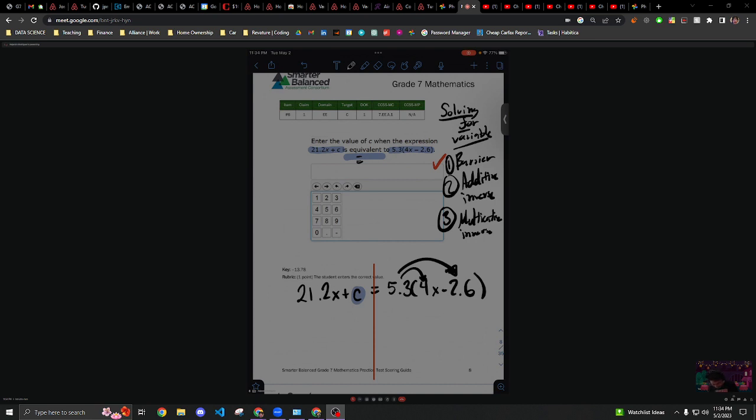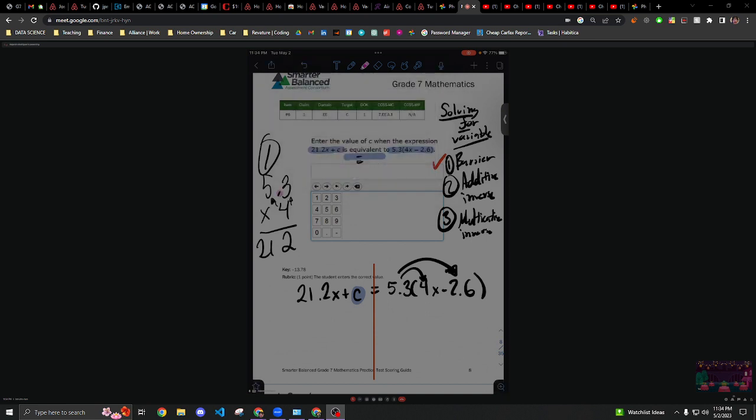Let's work that out over here. 5.3 times 4. 4 times 3 is 12, so the 2 goes right there, the 1 goes here. 4 times 5 is 20. We add that 1, which is 21. So we have 212.